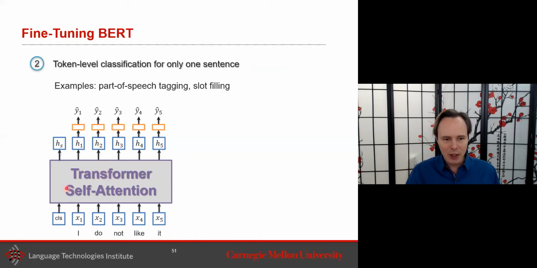And by the way, do you end up having a different weight for CLS? Like, you remember there's a W for query, W for key, and W for value. Is this W for CLS different than it is for the other words? No, it's not. It's exactly the same W that is used here to embed HS.